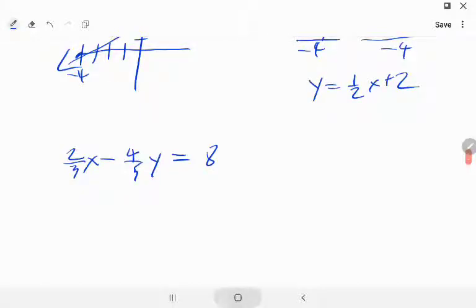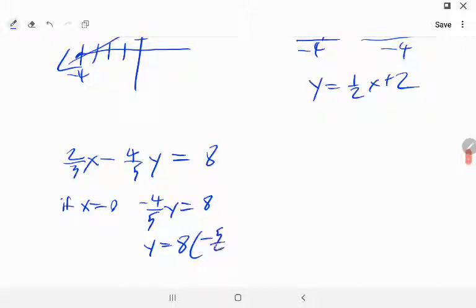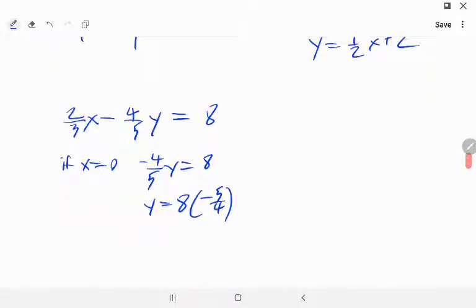We could look at if x equals 0, we get negative 4/5 y equals 8, and then multiply both sides by negative 5/4. So we can take y equals 8 times negative 5/4, and that's going to give us negative 10.